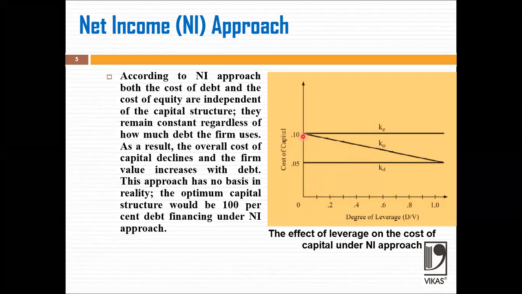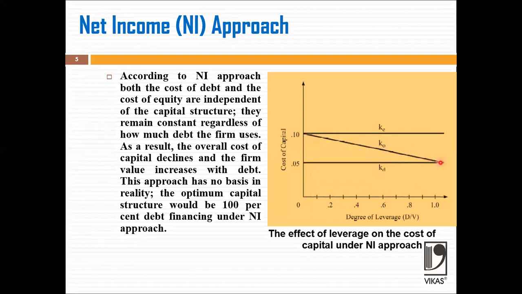At this point, 100% debt. So then KO equals KD. And also, when we increase the debt capital in the capital structure, what happened to our overall cost of capital? What happened?